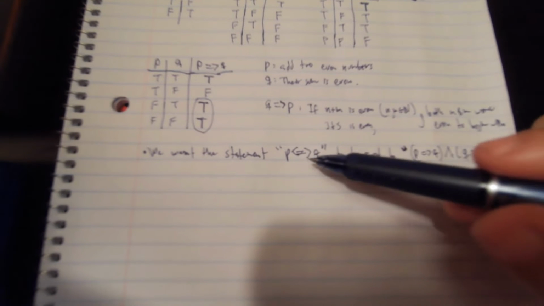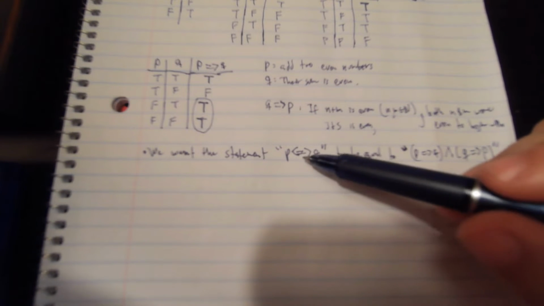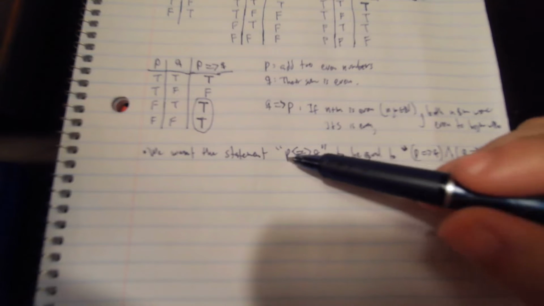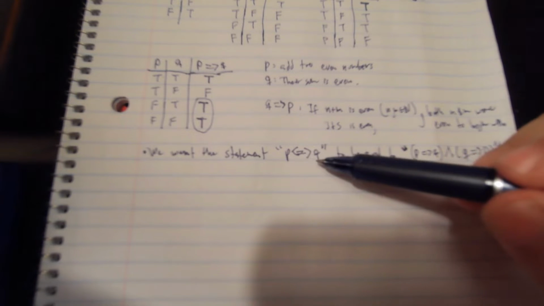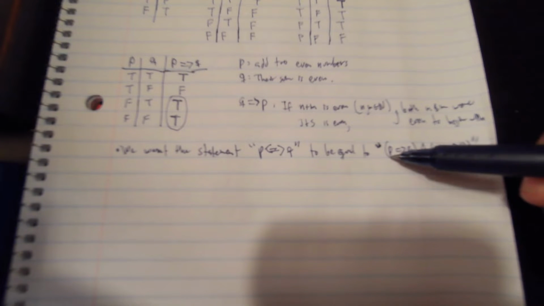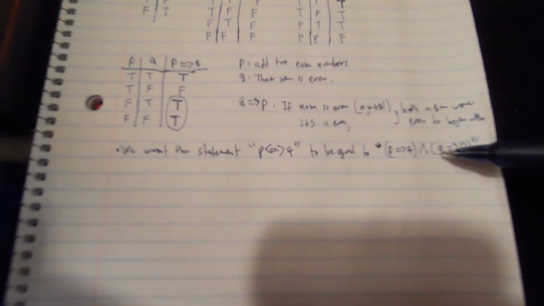That's why the arrow goes both ways: P implies Q, but also Q implies P. So we want P if and only if Q to be the equivalent of P implies Q and Q implies P. Notice how I wrote the "and" this way.